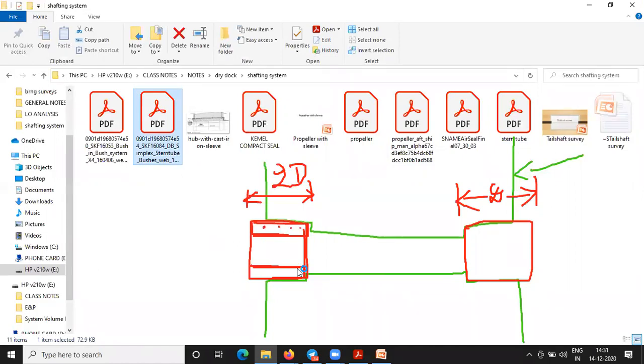It's like a bush, not 2 halves of a bearing. It's a complete bush.